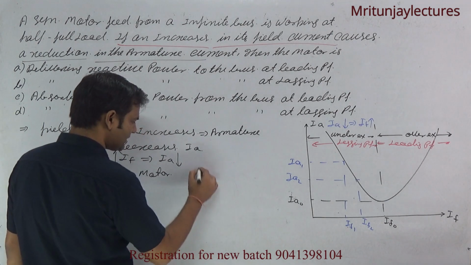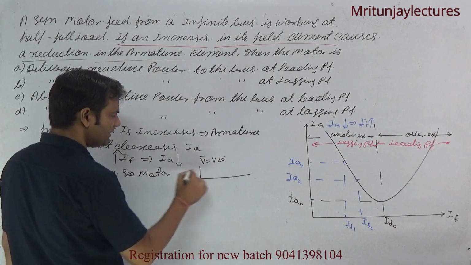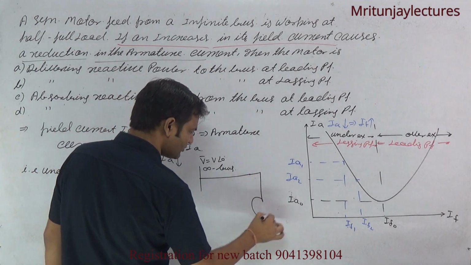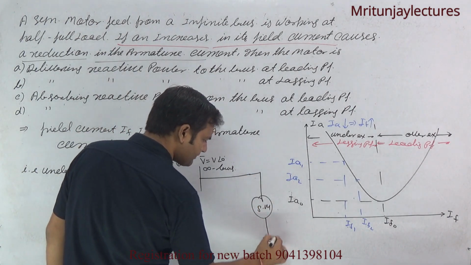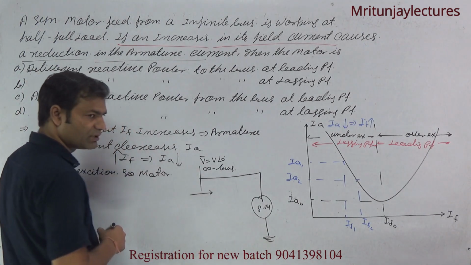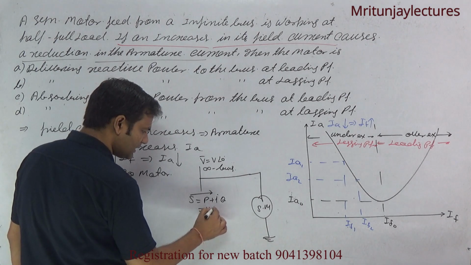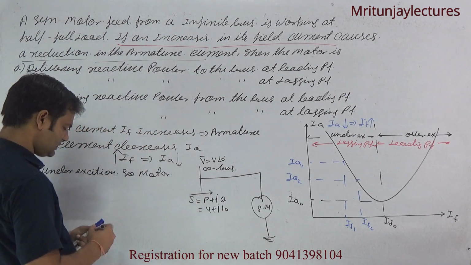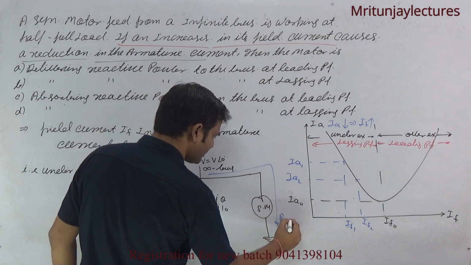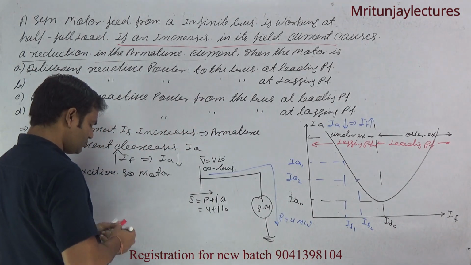If you have any doubt, then draw this: the infinite bus, V at angle 0, represented like this, and that is the synchronous motor. Power flows to the motor. So S is written as P plus jQ. Suppose P equals 4 MW, positive, and Q equals plus 10 MVAR.